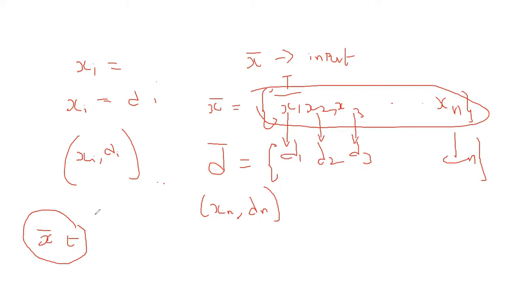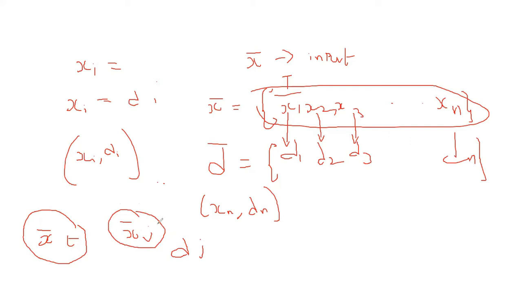So suppose x bar j is the closest to x bar t, then the desired output is dj. So for x bar t the output is dj. Why? Because this x bar t is so close to this x bar j.